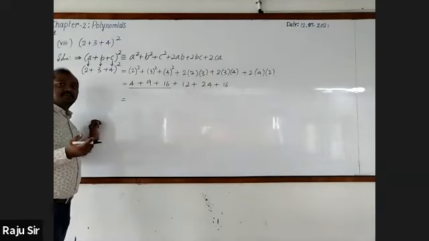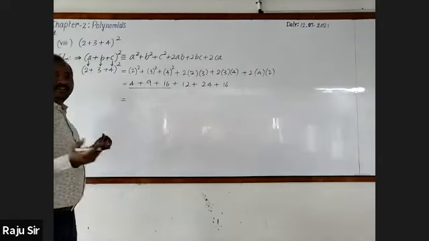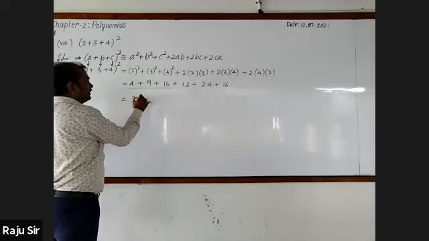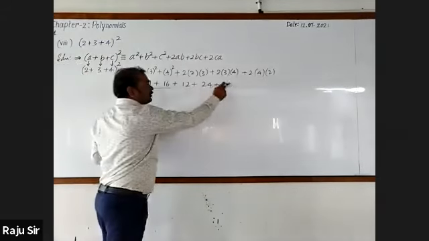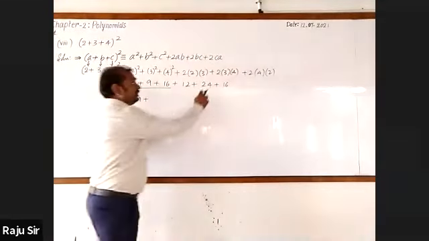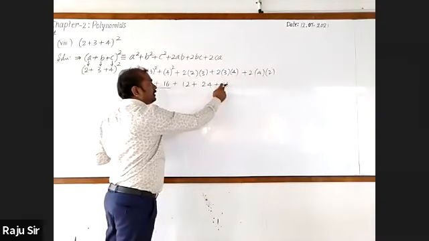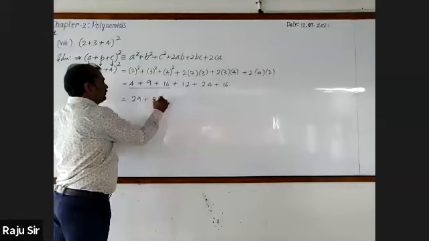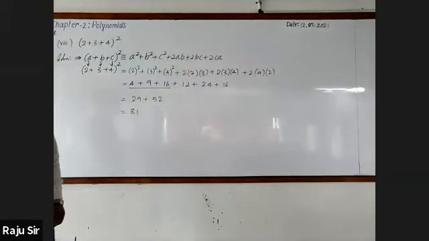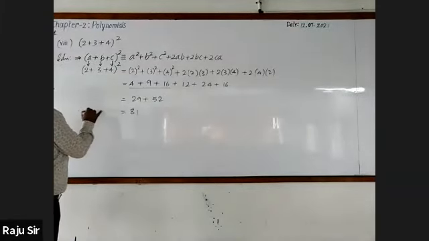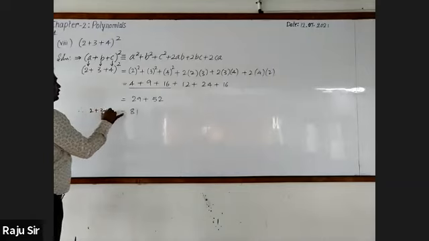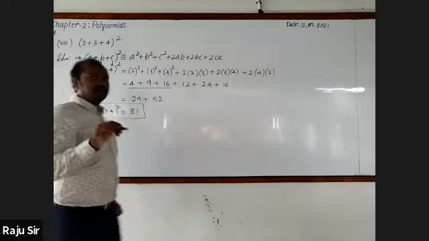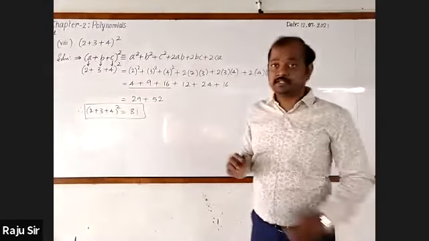I know that you are clever, you can write that directly. 16 plus 9 is 25, 25 plus 4 is 29, then 24 plus 6 is 30, total 81. Therefore (2 + 3 + 4) whole square is 81 according to the identity.